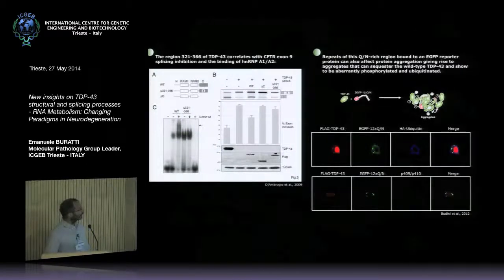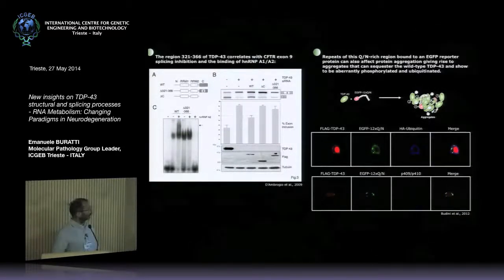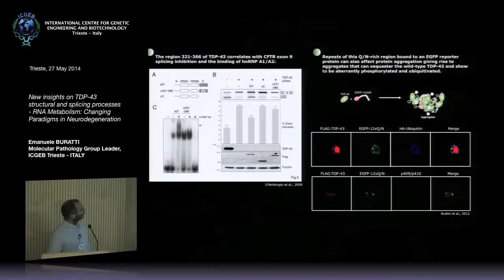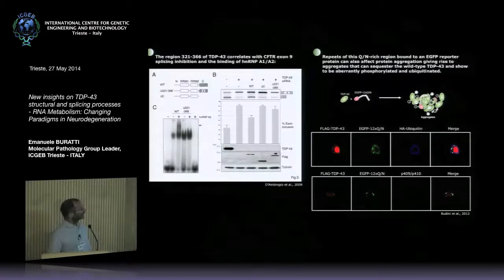It's also functionally important, as Tito described very much better in his talk this morning, because if you take the region that is responsible for the interaction with the hnRNPs, that region can be exploited to trigger the aggregation of TDP-43.